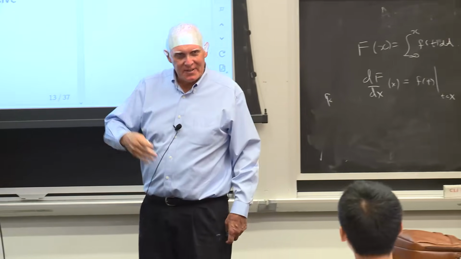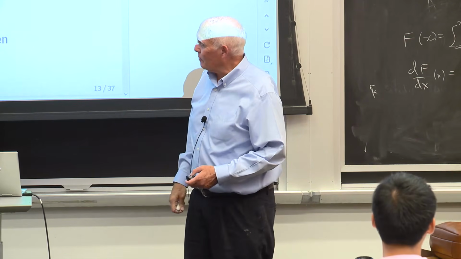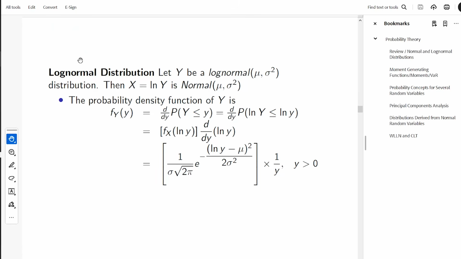So the cumulative integral has a derivative equal to the argument of the integral. So this is easy. And we can use this to get the density function for a lognormal distribution.